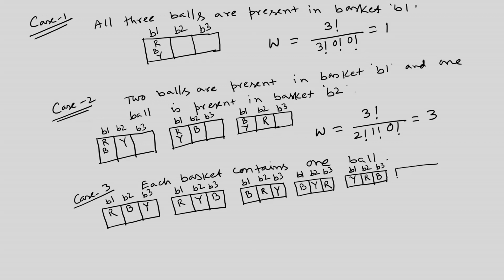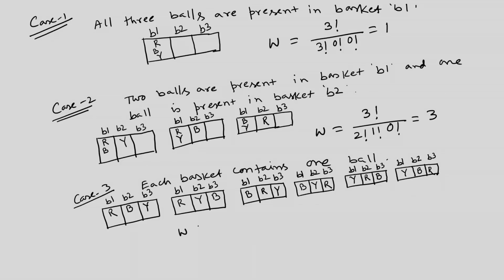Now, again we keep Y unchanged and interchange ball R and ball B. So, we get the configuration Y, B, R. So, in 6 different ways we can put 3 distinguishable balls in 3 baskets.